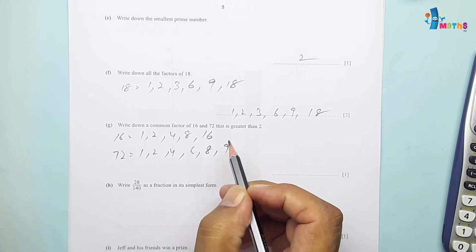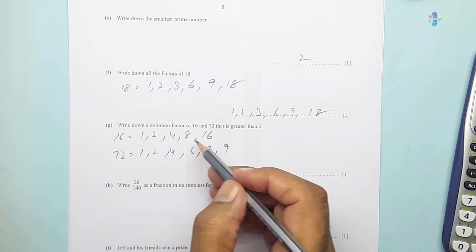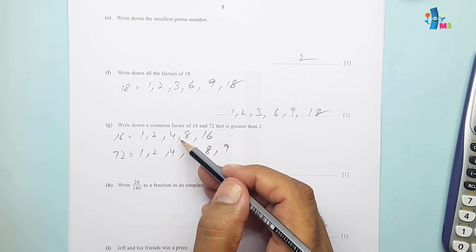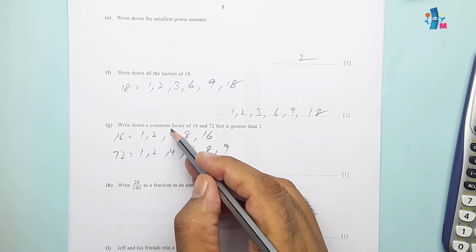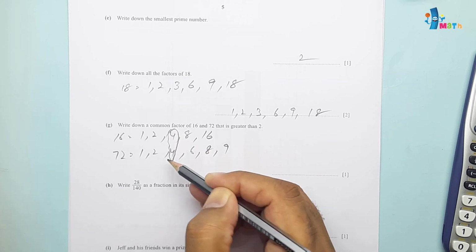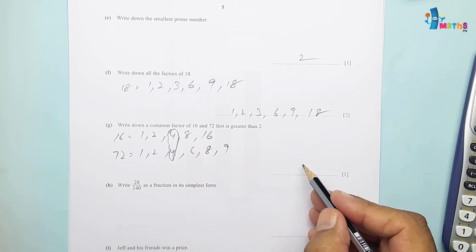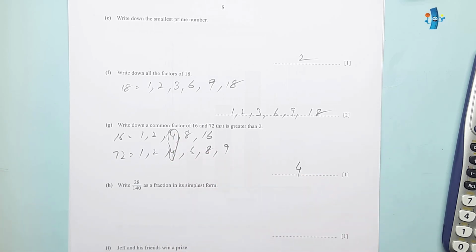So there are more factors, but we got the common factor that is greater than 2. It should be greater than 2. So 4 is greater than 2 and common in both. So we can write here 4.